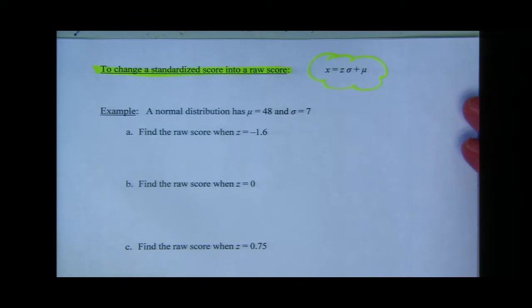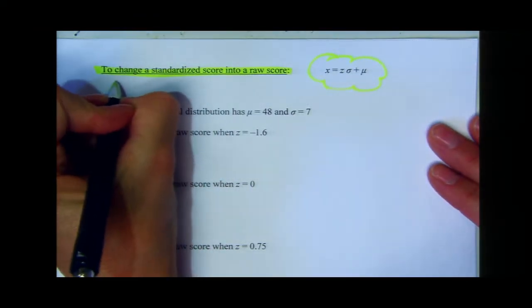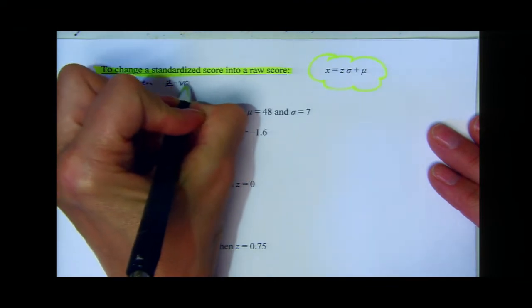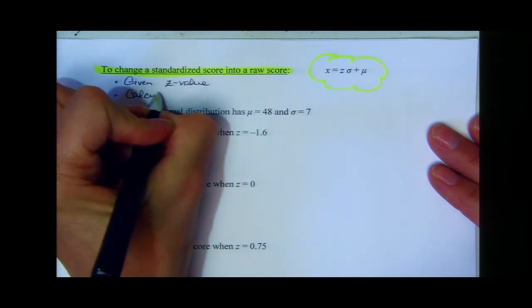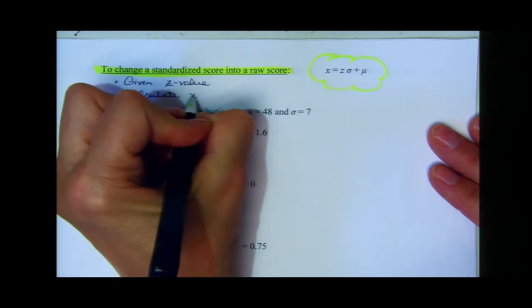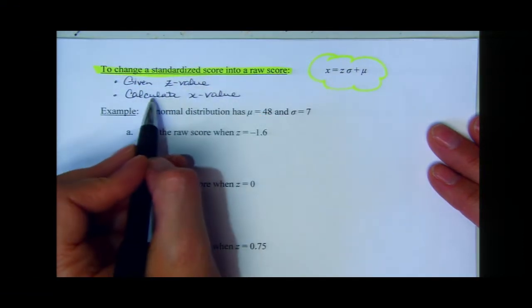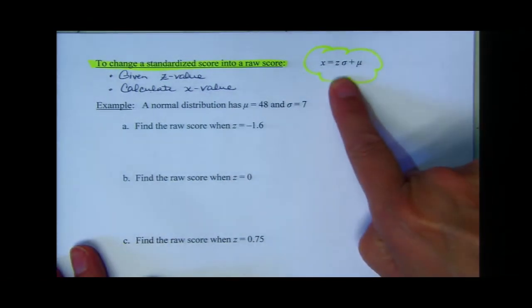This is when you are given the Z value, and you are going to calculate the X value. You're given the standardized, it wants you to calculate the raw. We use this formula here.